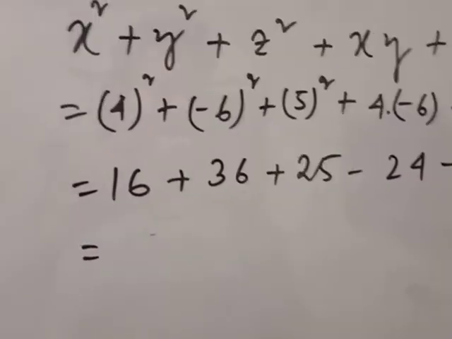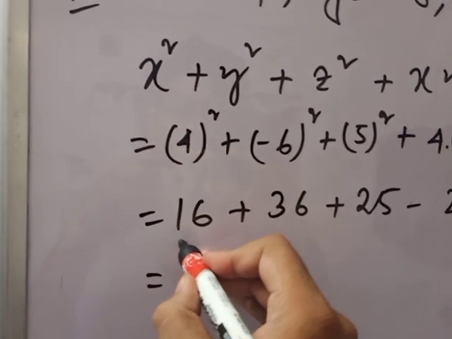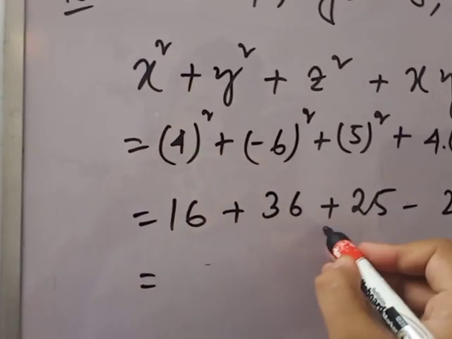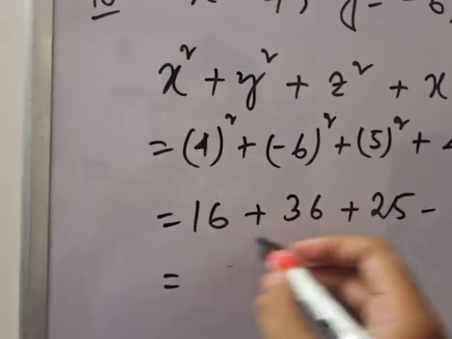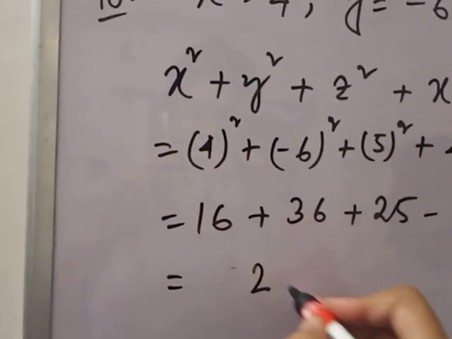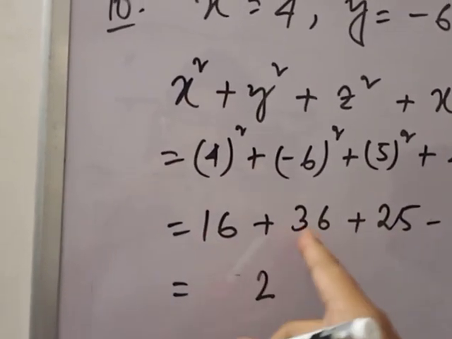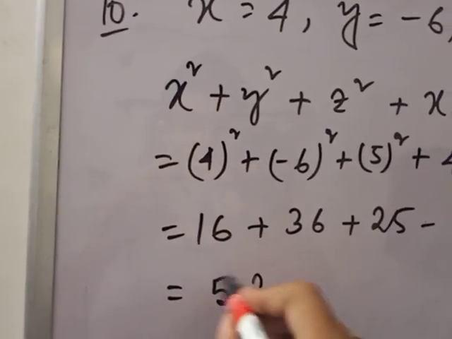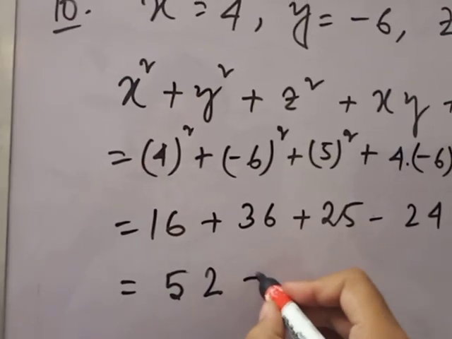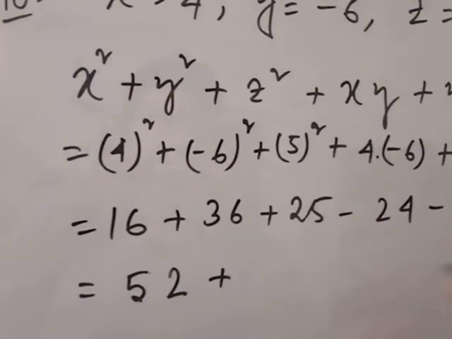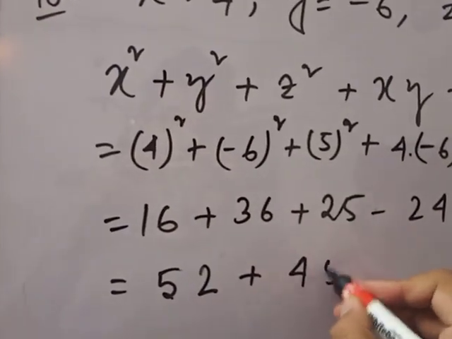Now add this. 16 plus 36 is 52, plus 25 plus 20, that is 45.